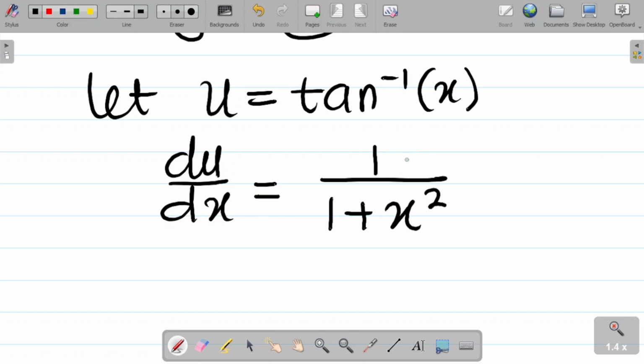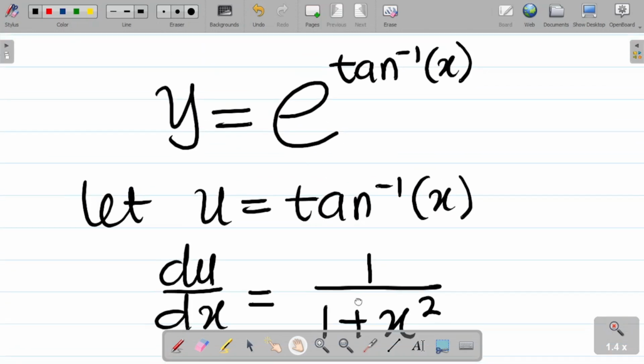Right, we said if y is equal to tan inverse of x, and if I differentiate this, your answer will give you 1 all over 1 plus x squared. All right, we discussed this in our previous class. I'll leave a link to inverse trig differentiation in the video description. All right, so check the video description, you'll see a link to this class. All right, let's proceed with this.